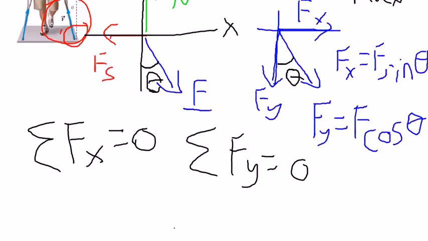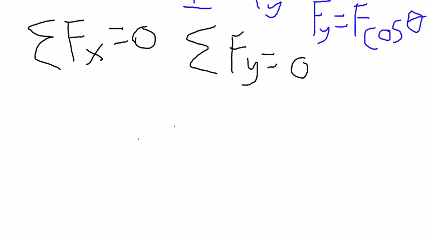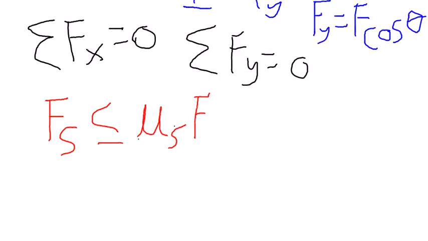Alright, so what I want you guys to do from here is go ahead and try to sum up your forces. The key thing that's going to help you solve this problem is to keep in mind that the static force of friction is less than or equal to your coefficient of friction multiplied by your normal force.